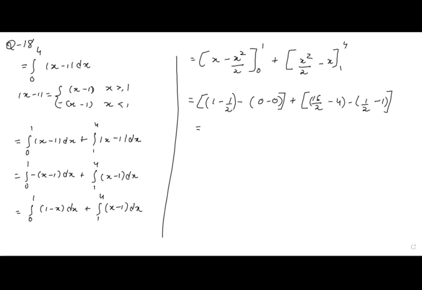So 1 minus 1 by 2 is 1 by 2, and this is 0, plus this is 8, 8 minus 4 is 4. This is minus 1 by 2, but minus minus will again get plus 1 by 2. 1 by 2 plus 1 by 2 is 1, and finally my answer is 5.